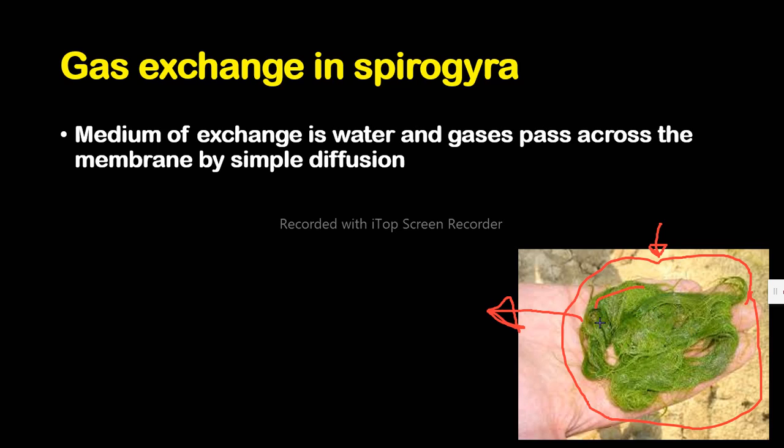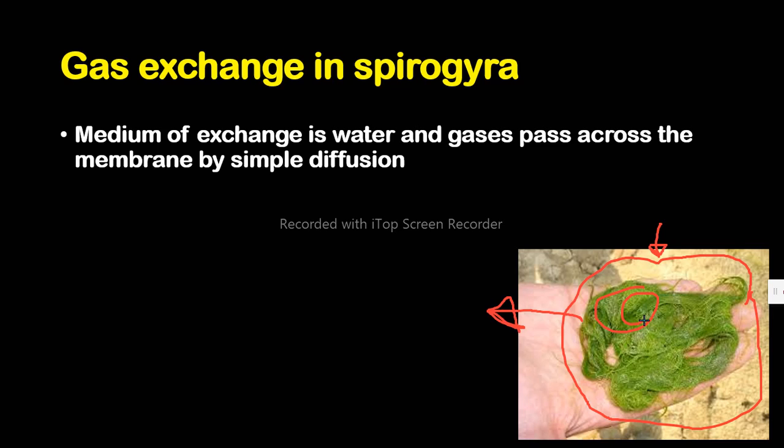So this is the Spirogyra. It is an alga that carries out photosynthesis. It's a protist, that kingdom, a kingdom of confused fellas.